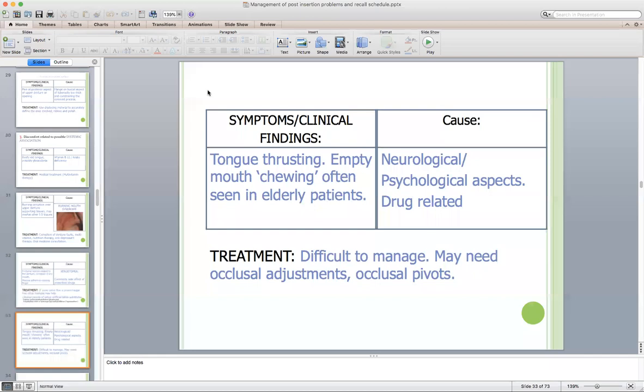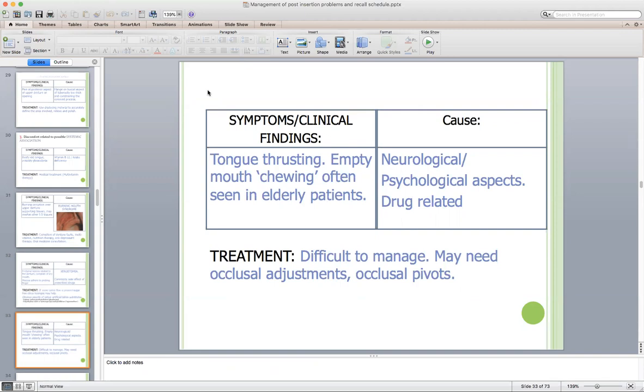Now, another complaint that the patient may come with after denture insertion is tongue thrusting and empty mouth chewing, often seen in elderly patients. When the patient is a long-standing edentulous case, the patient has this empty mouth chewing habit, and that leads to tongue thrusting.